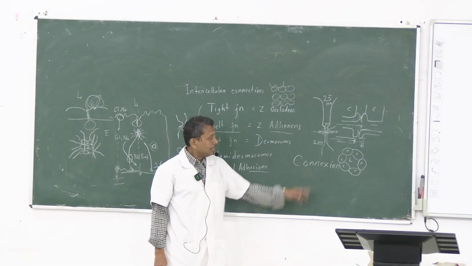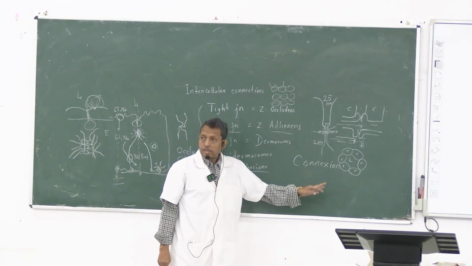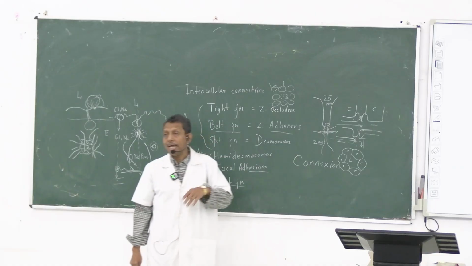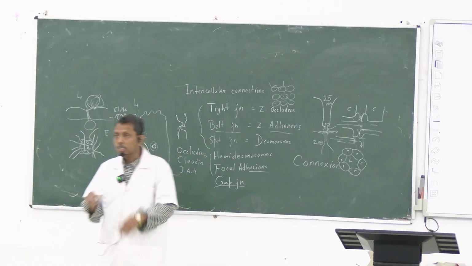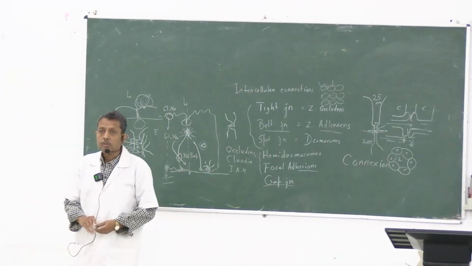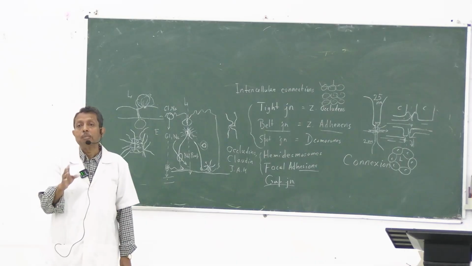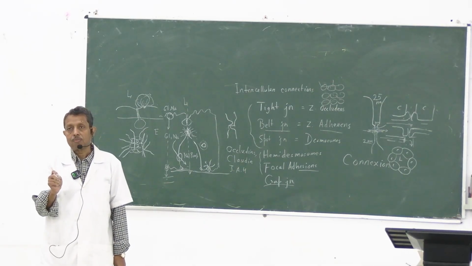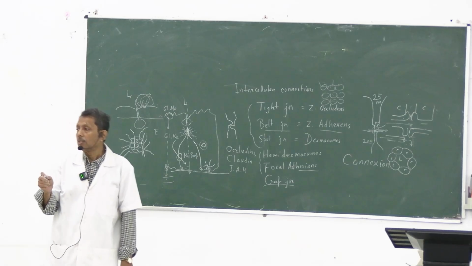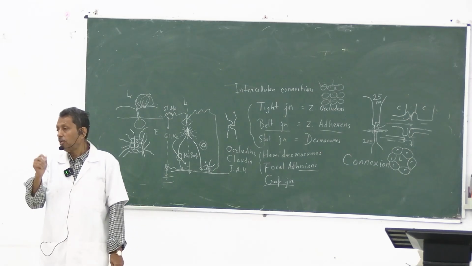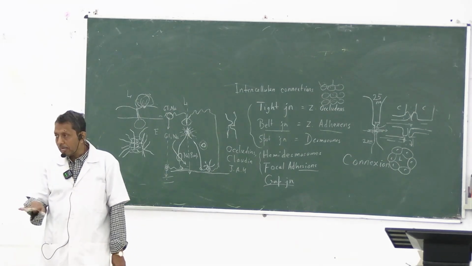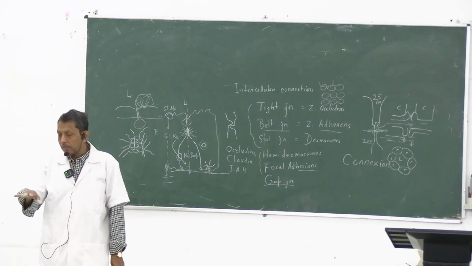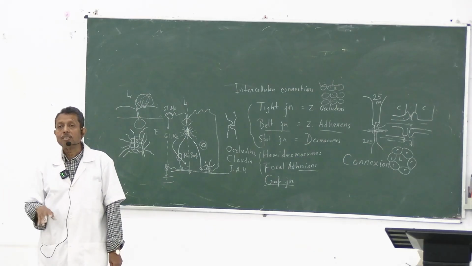Gap junctions have a role in that electrical activity can pass from one cell to another. Suppose in the ventricular muscle there is an apparent focus of action potential, and it will spread slowly to all the muscle cells.